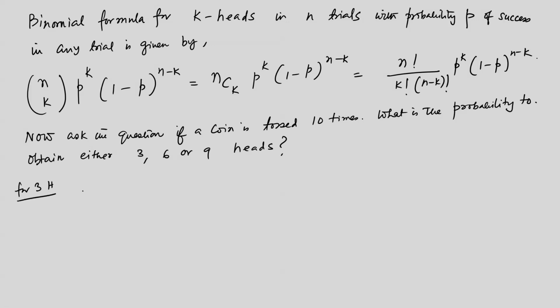heads, we have the probability equal to 10C3 (half) cubed and (half) to the power 7, plus 10C6. Okay. So, this is for the total probability. Let us calculate the total probability.